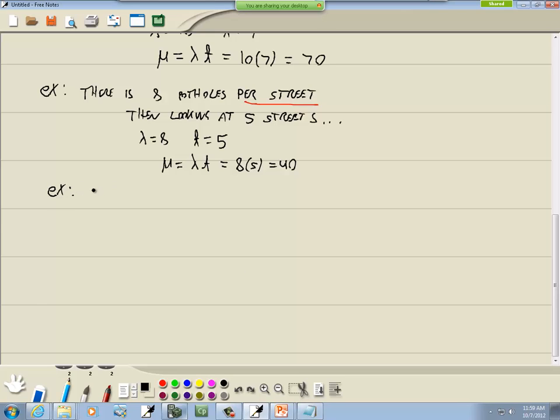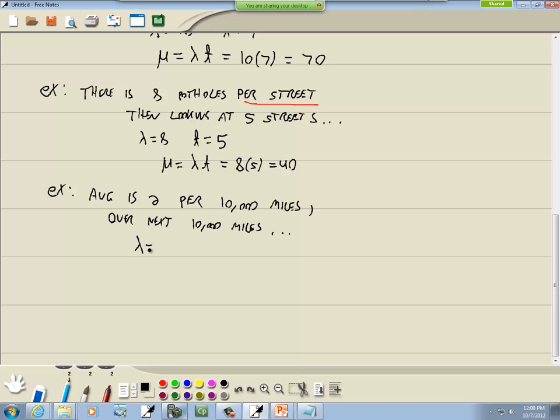Okay, so let's say the average is 2 per 10,000 miles. Then over the next 10,000 miles, dot dot dot. Okay, so the average is 2 per 10,000 miles.